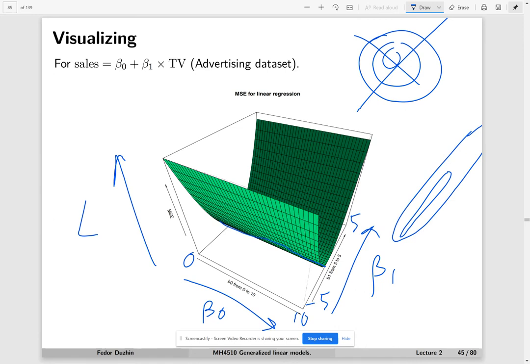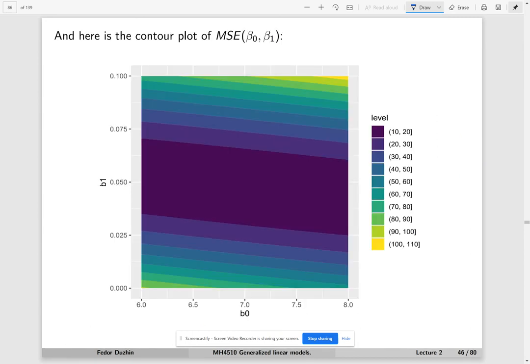We can check it by plotting these level curves. Notice that here beta 0 changes from 6 to 8, and beta 1 changes from 0 to 0.1. So the scale is completely different. Take note of the scale. Even with a different scale, we see that level curves are really, I was not even able to plot it in a way so that you see closed level curves.